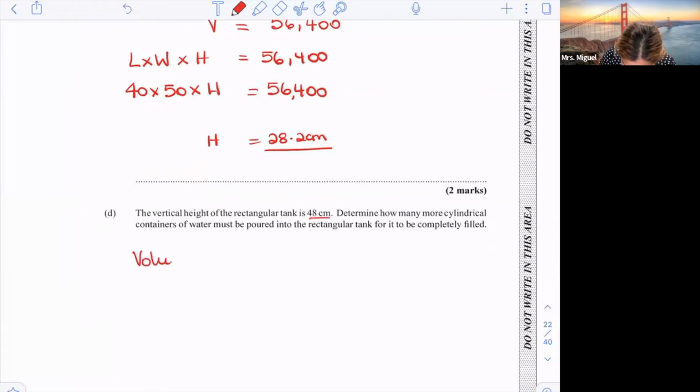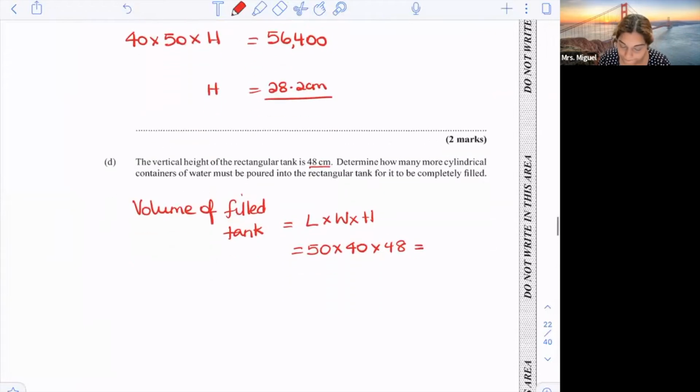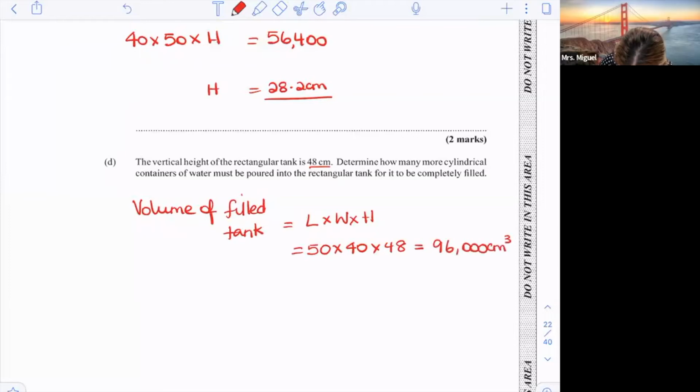So the volume of the filled tank, length by width by height, 50 by 40 by 48. 96,000. Tell me something. That 96,000 was an empty tank.